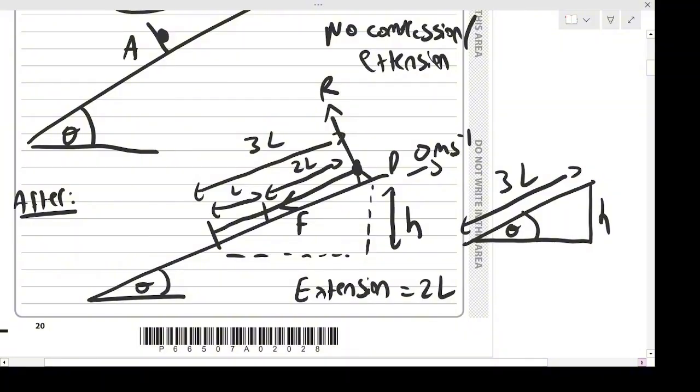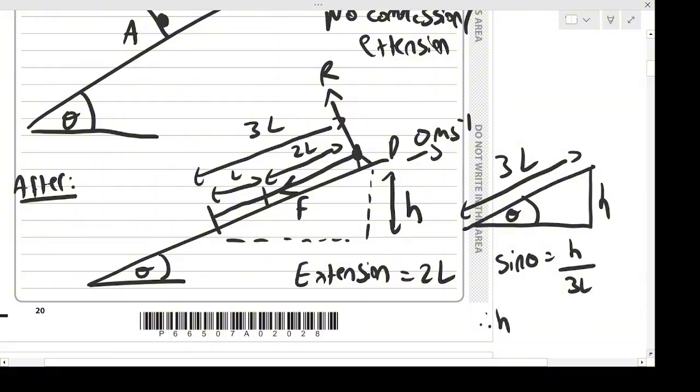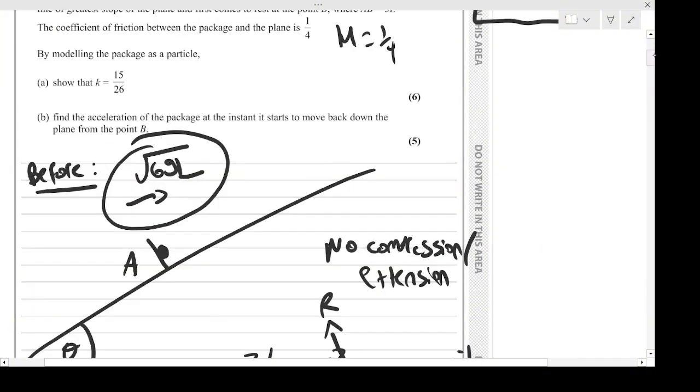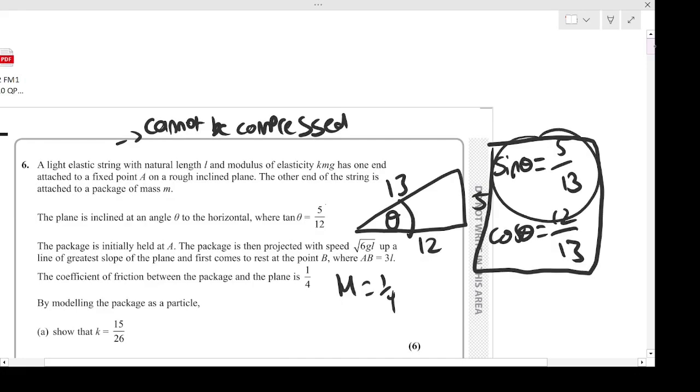So we can use SOHCAHTOA to work out h. So sine theta is opposite h over hypotenuse 3L. Therefore, h is 3L lots of sine theta, but we also know sine theta is 5 over 13.